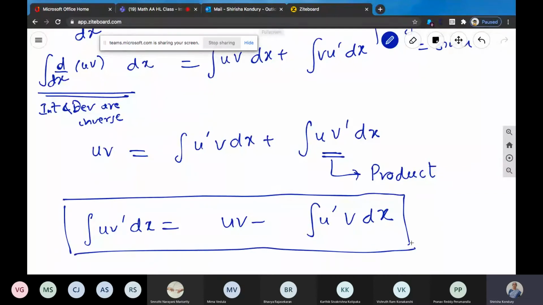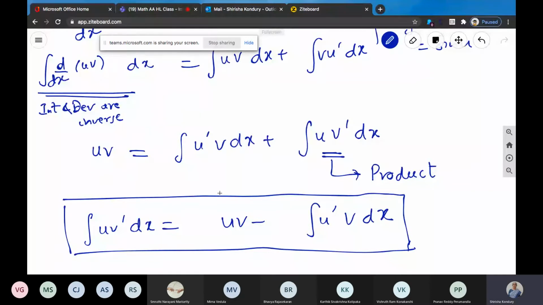Now how is this going to help me? That is something I want to find out using examples. Right now this formula will seem completely abstract to you, saying that okay, you have rearranged the sides of the equation, so what have you really achieved? Let us see what I have achieved. All I'm saying is I started with the product rule in derivatives and I integrated both sides and rearranged my equation to look like this.